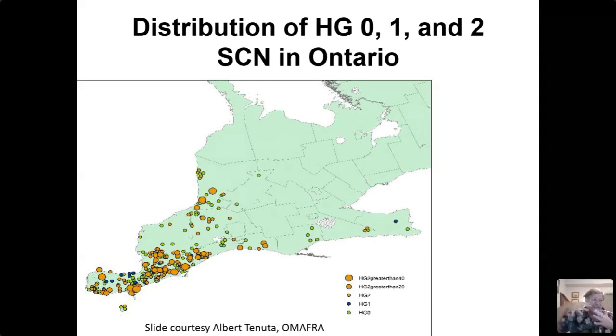I find it interesting that those populations with no ability to overcome the plant resistance are next to fields that have overcome. This is quite interesting. I would have thought it would have been more uniform. I guess over time it may become more uniform. So it looks to me that there are founding populations of resistance throughout southern Ontario.